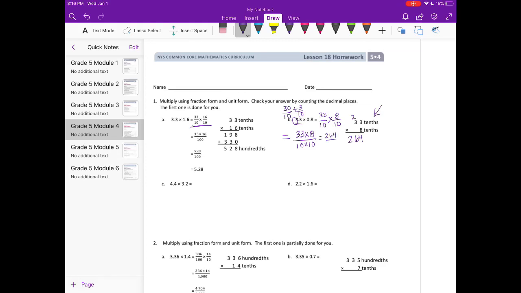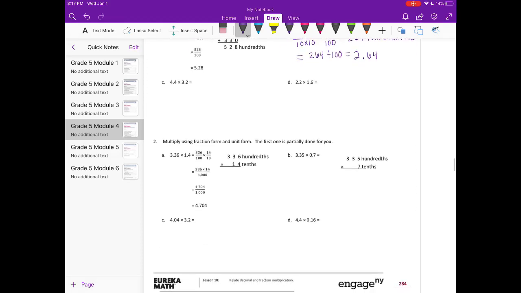And then 10 times 10 is 100. So we have 264 hundredths. So what we want to do is divide. If we do 264 divided by 100, we get 2 and 64 hundredths.